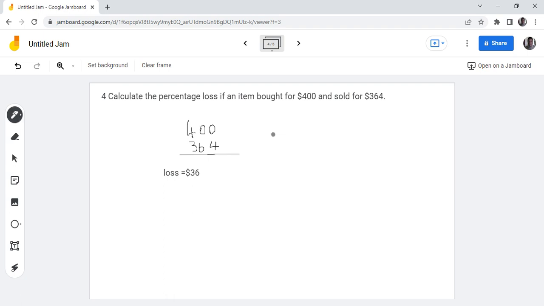Now, the loss percentage would be 36 over the cost price, which is 400, times 100 over 1. Oh my god, these zeros.